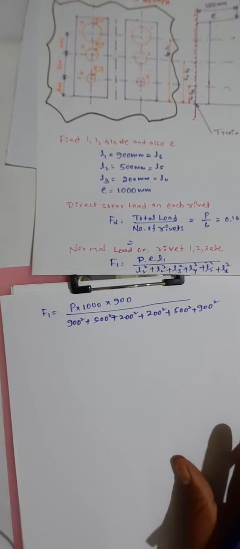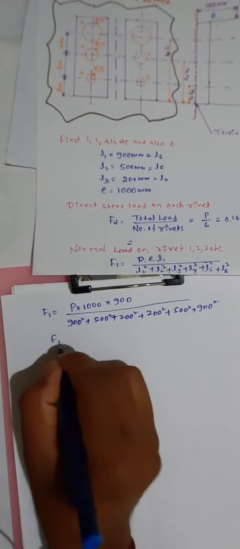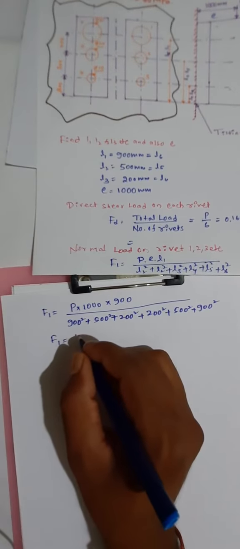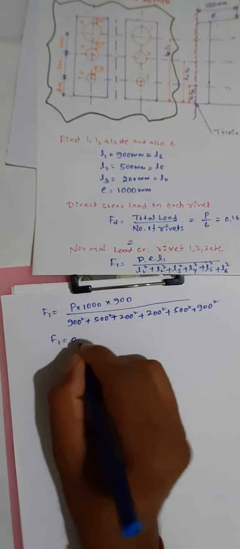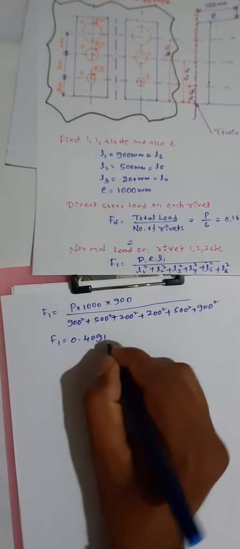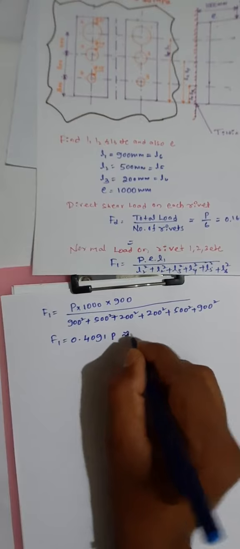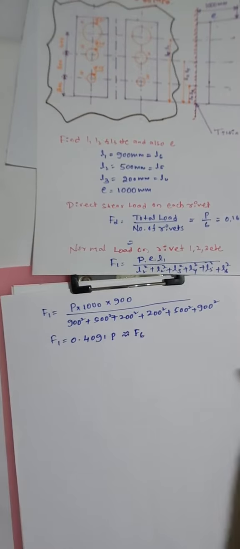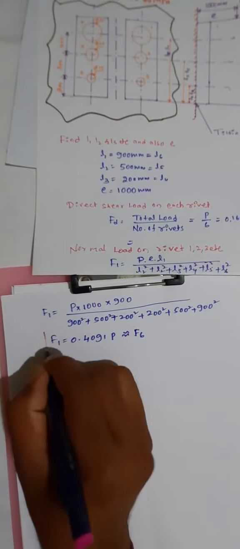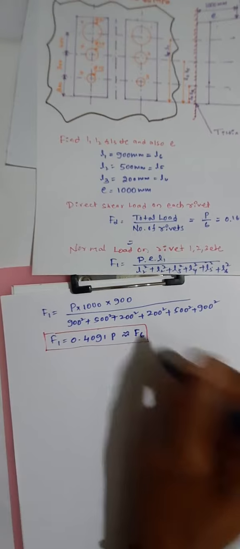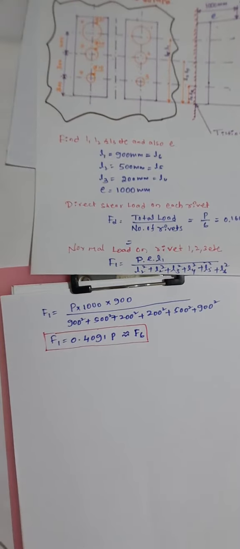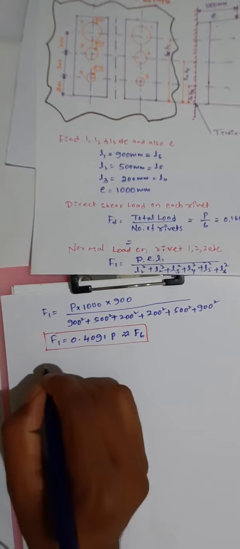If you simplify this entire term, we'll get F1 is equal to 0.4091 P, which is also called F6.